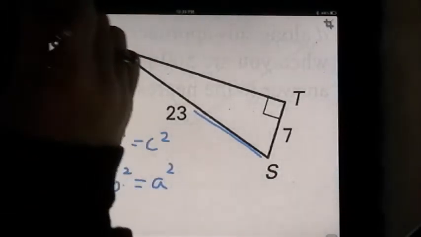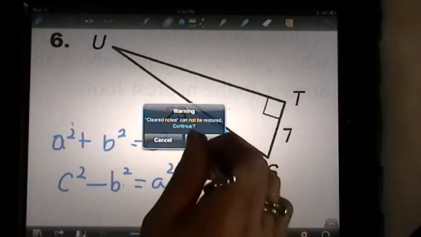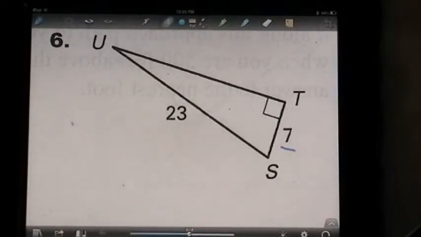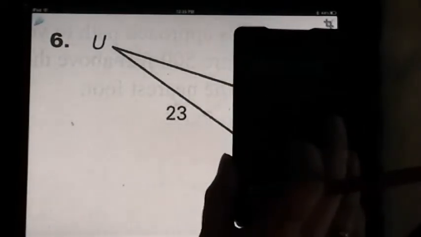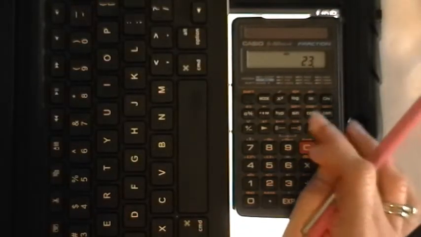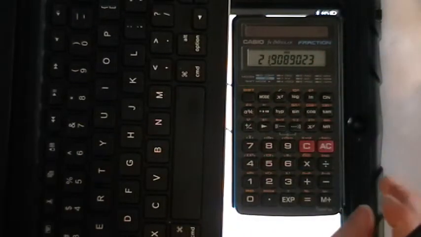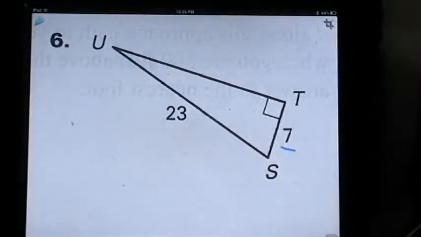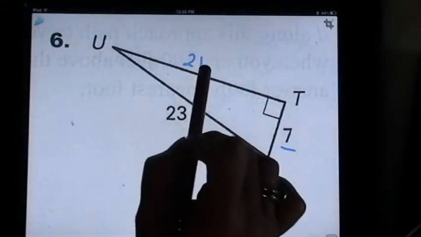So we're going to do the hypotenuse squared minus the leg squared should equal UT squared. 23 squared minus 7 squared equals, and then we should be able to do the square root, and we get 21.90, which rounds to 21.9.